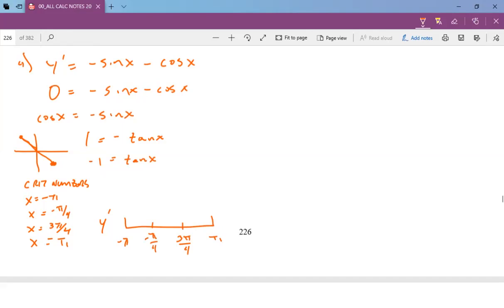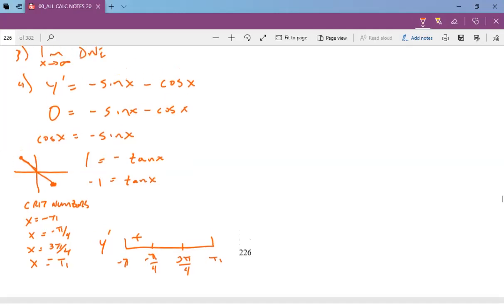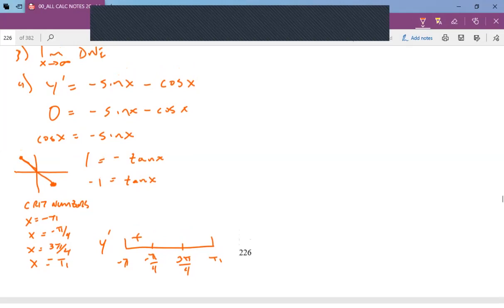So down here, if we've got negative pi halves, then we end up with a positive sign. And so we end up with positive there.